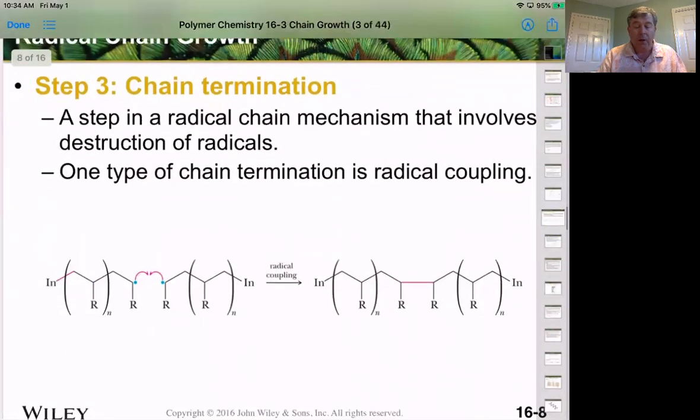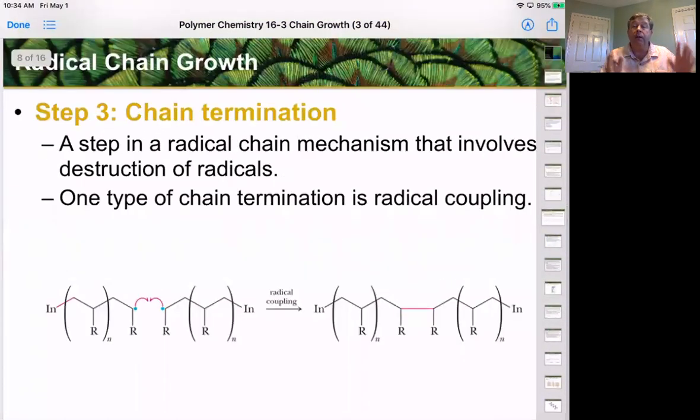Okay, so once you've consumed all of the material that has double bonds, that means you start having a higher and higher concentration of these radicals at the ends of chains. When we have a high concentration of that, two radicals form a sigma bond, and that's how we end the radical reaction. Those two radicals have to combine to form a new sigma bond, and therefore we are terminating our radical.